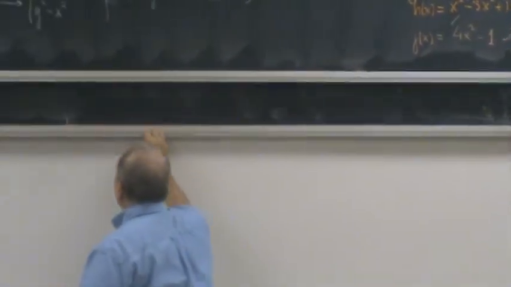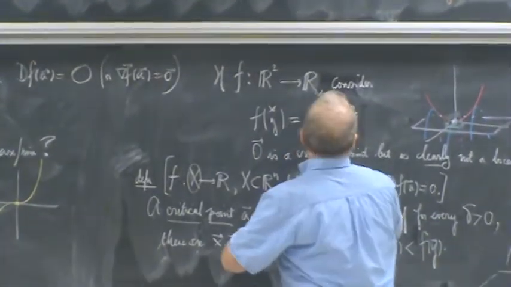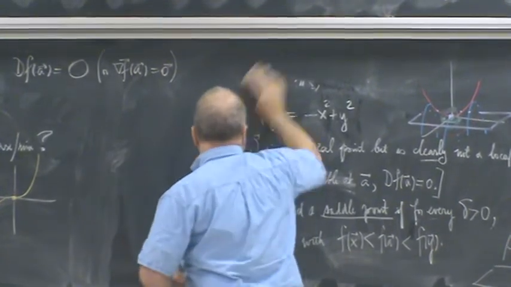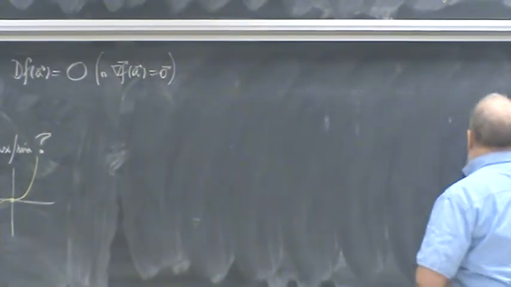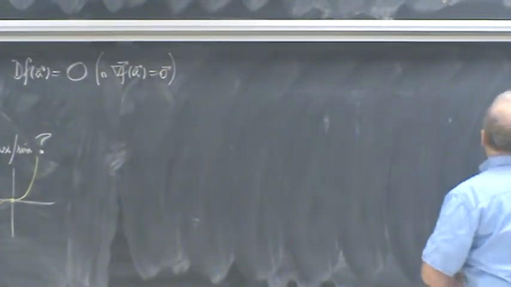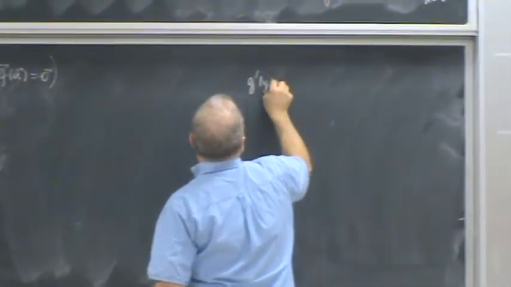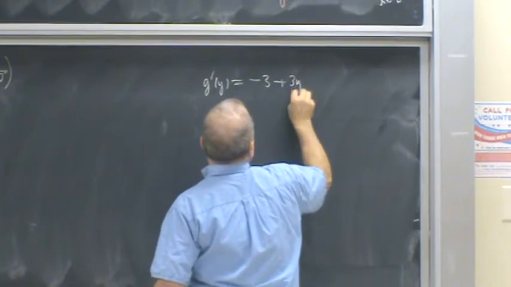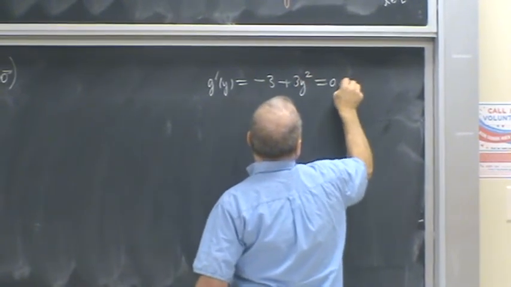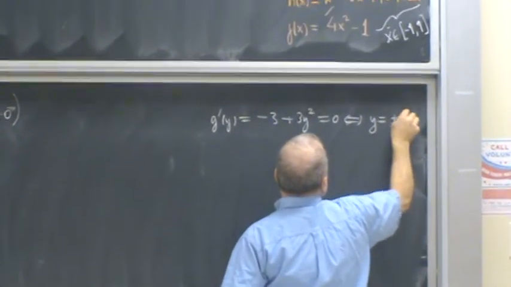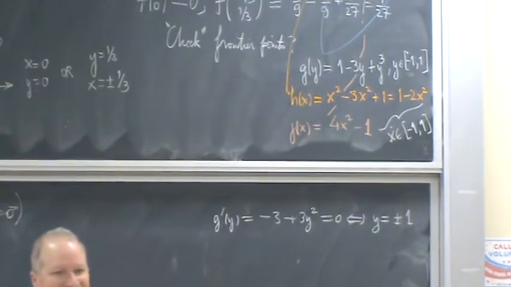All right, so let's just quickly finish that up. For the function g, critical points are at... well, it actually ended up at the endpoints. How convenient.